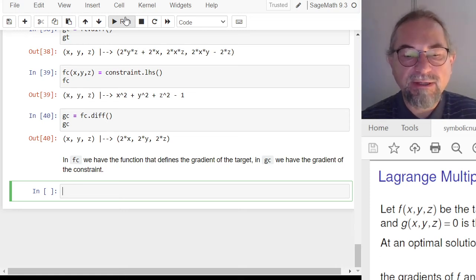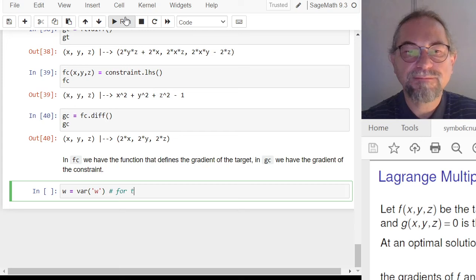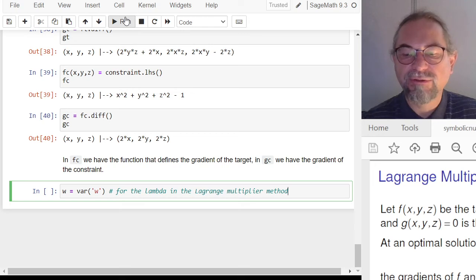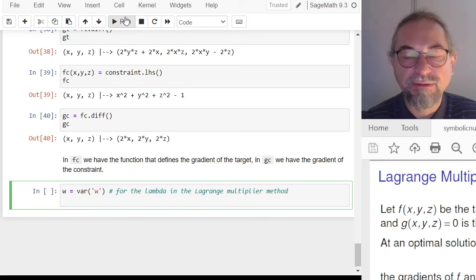Then we apply the technique of the Lagrange multipliers. I will use W for the lambda in the Lagrange multiplier method, because using lambda is not a good symbol.